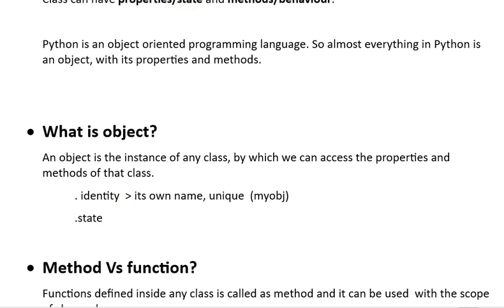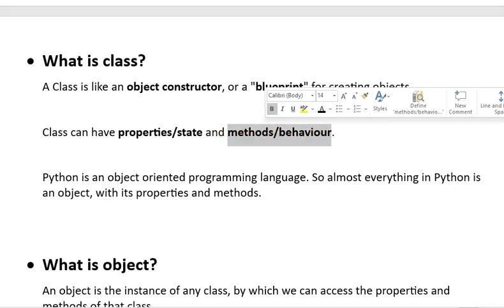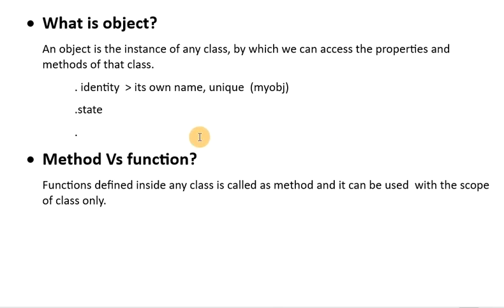And the last one is behavior. Behavior means that with the help of the object we can access the methods of the class, and those methods are responsible for showing the behavior of the class. So when we say the object's behavior, it simply means which methods that object can call. Behavior is nothing but the methods that can be called with the help of the object.